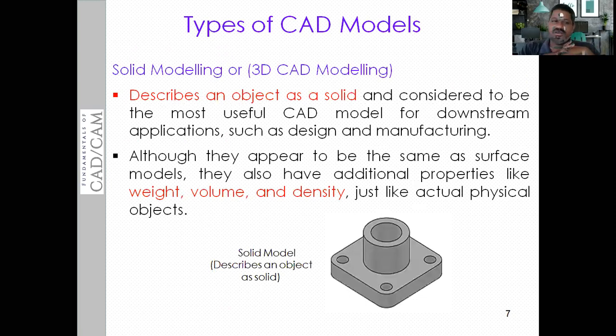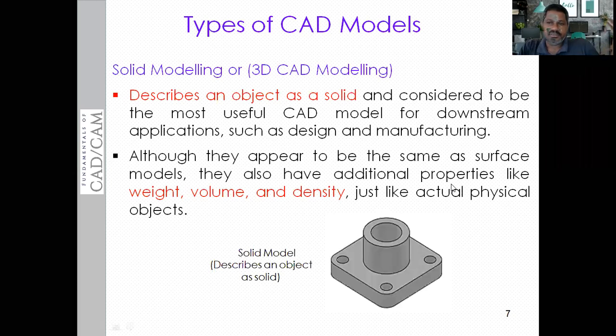So the actual model, the solid model or 3D CAD model. Now you see here, the solid model is the object which is described and assigned with all the properties like the weight, volume, and the additional properties, as you can see here.